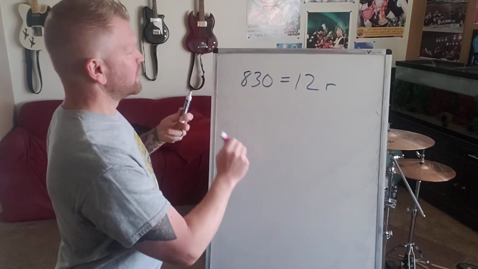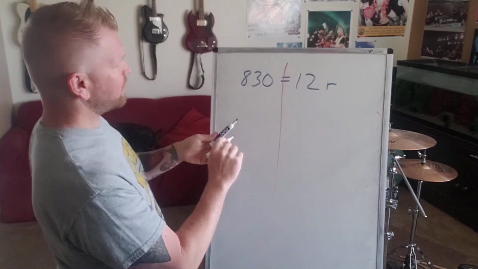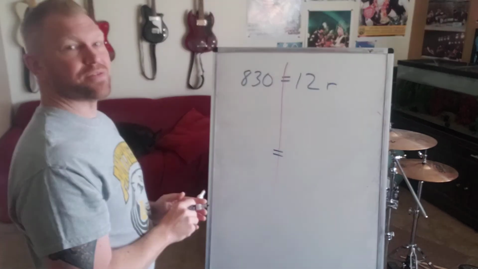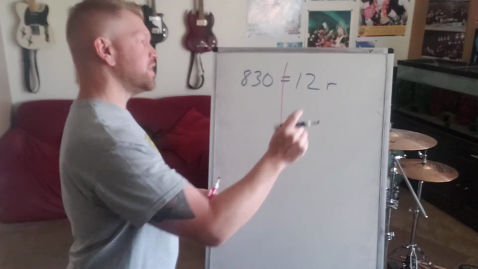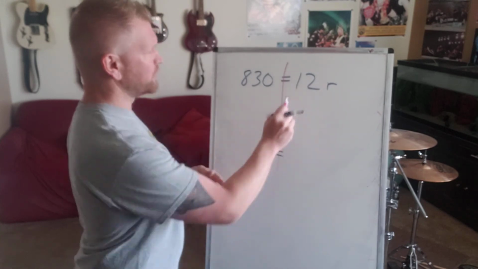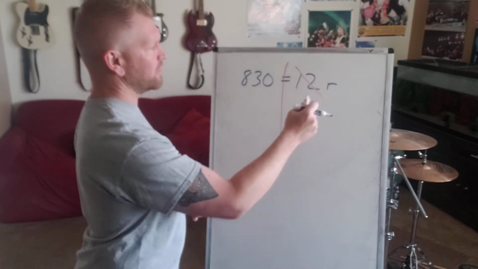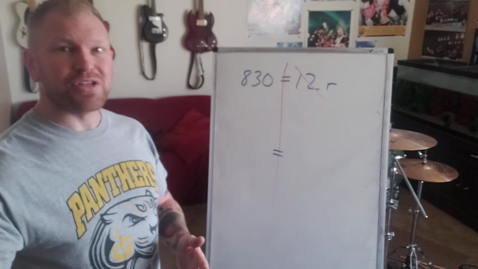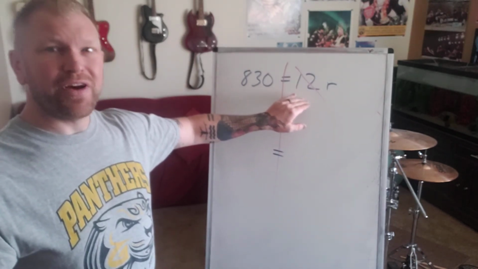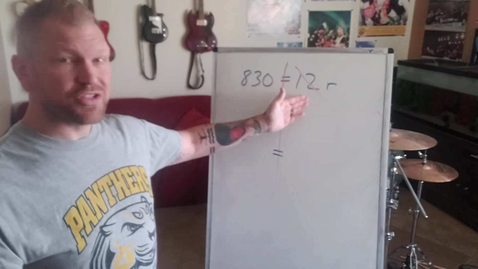All right, so imaginary line, equal sign comes down. Do I look at this side first or this side first? Want to look at the side with the variable first. Then ask yourself, well, there's a 12 there. I want that 12 to go away so the R could be all by itself. So I've got to do the inverse operation. Are they adding 12, subtracting 12, multiplying 12, or dividing by 12? They're timesing 12.